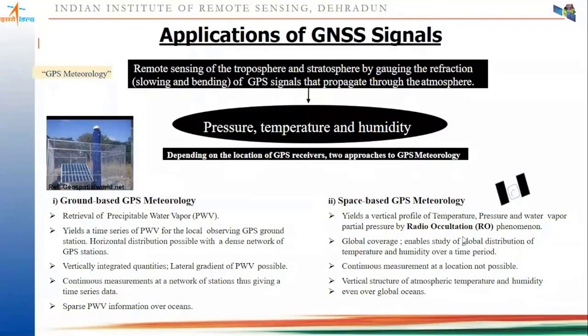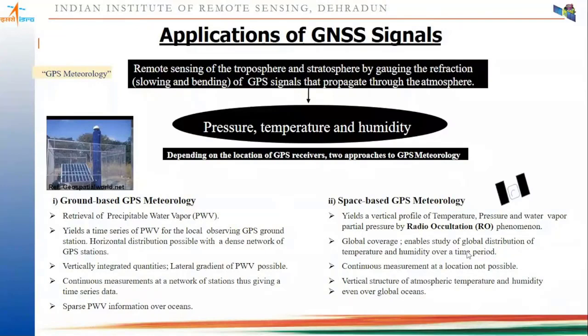Global coverage enables a study of the global distribution of temperature and humidity over a time period, but continuous measurement at a location is not possible. In the first case it was continuously possible, but in the second case it is not. In the first case we get only point data at one location, but here we get global coverage.